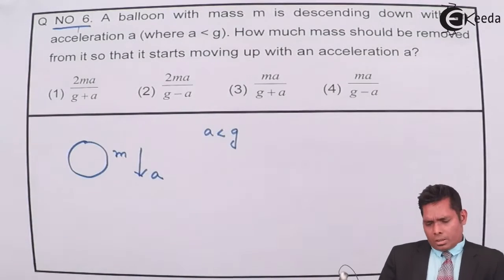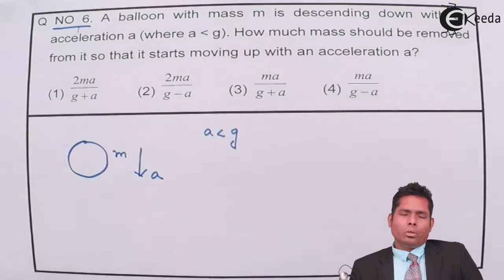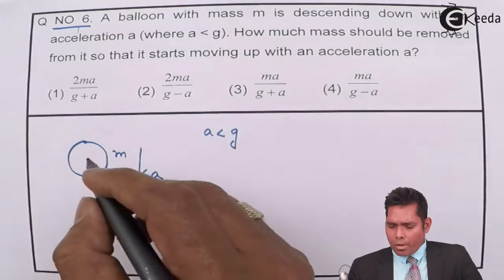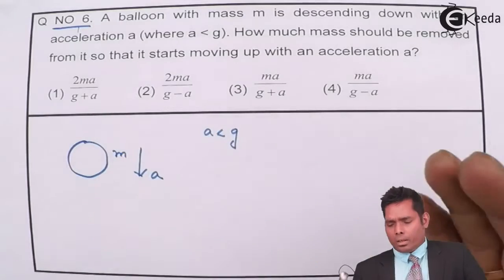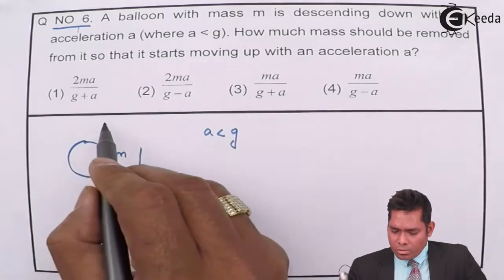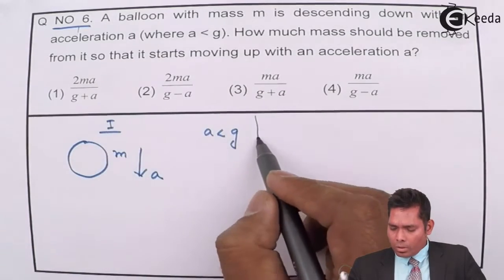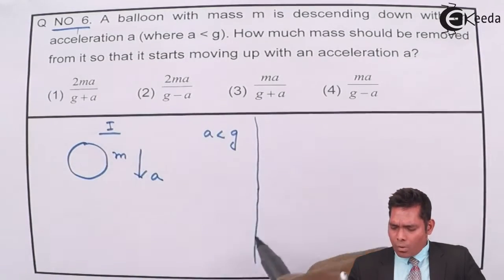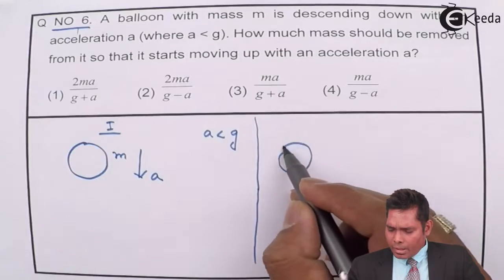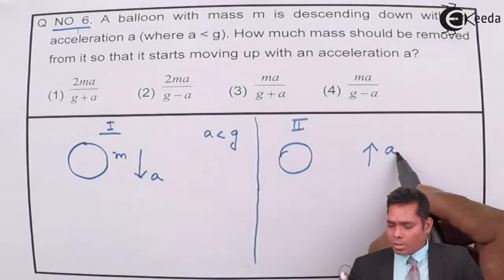This is a very simple question. First of all, you have to draw a free body diagram. Once you draw a free body diagram, your answer will automatically come out. So this is the first situation where the balloon is moving down. This scenario is for the case when the balloon is moving up with an acceleration.